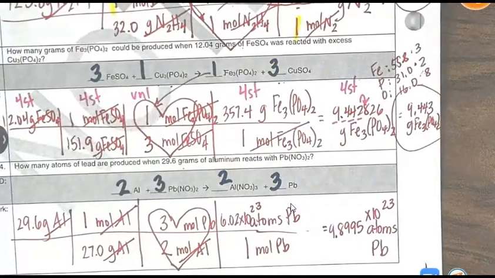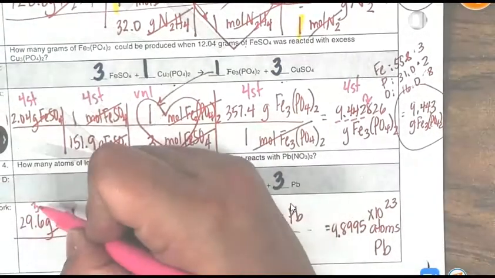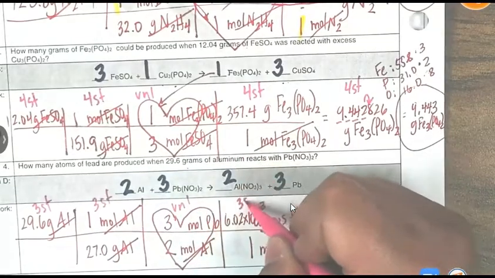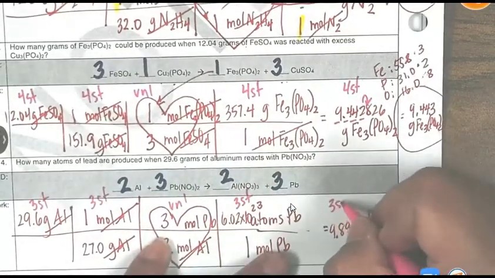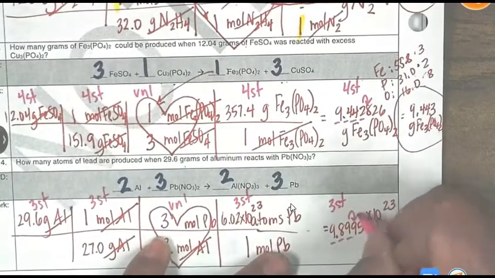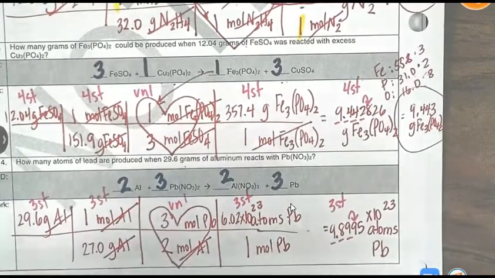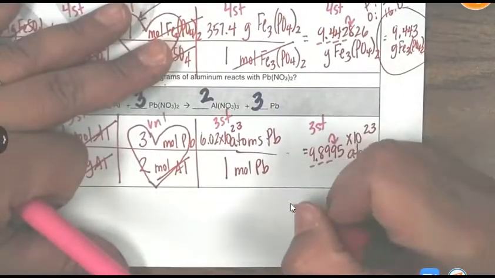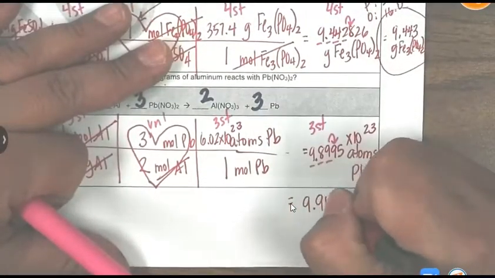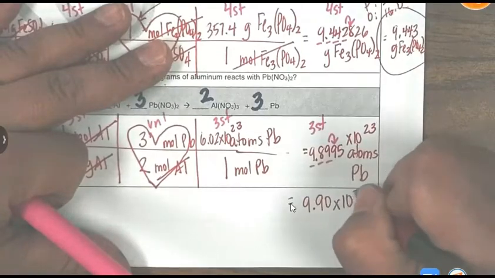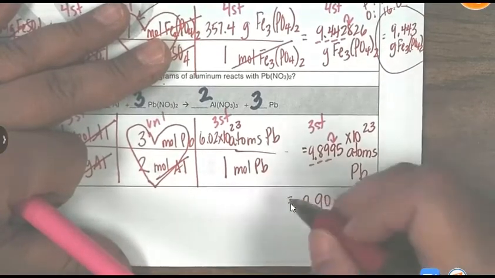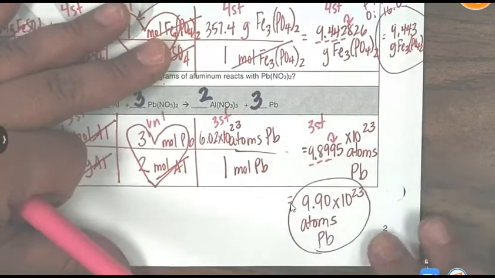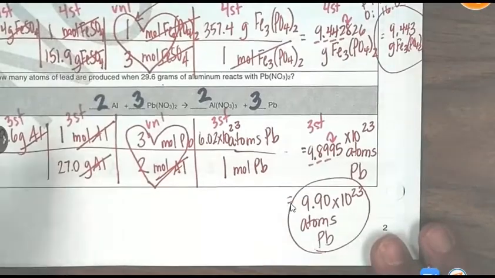Well, how many sig figs do I need? 3 sig figs, 3 sig figs, unlimited, 3 sig figs. So I'm going to round 3 sig figs. 1, 2, 3, look at the neighbor. So my final answer is going to be 9.90, don't forget the power of 10, times 10 to the 23 atoms of Pb. And that's my final answer.